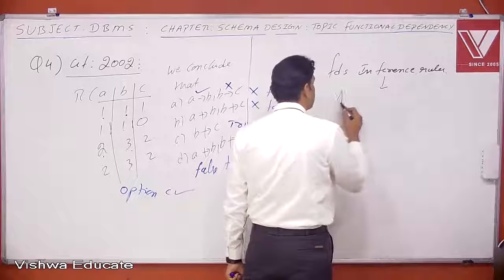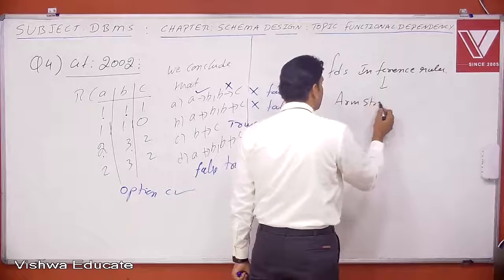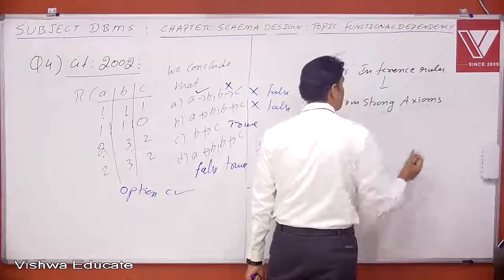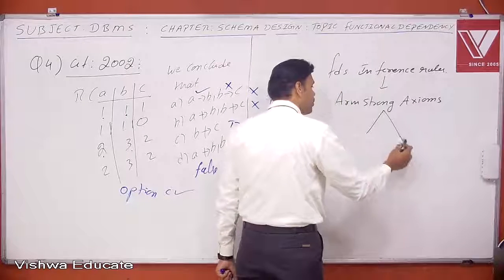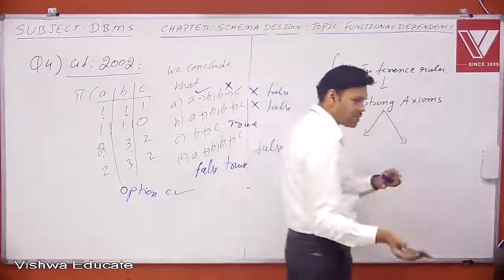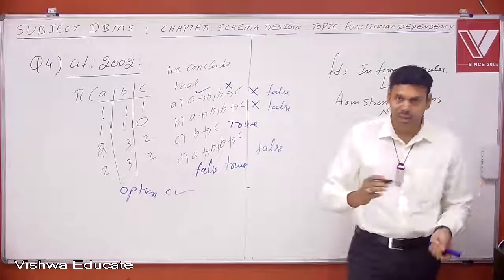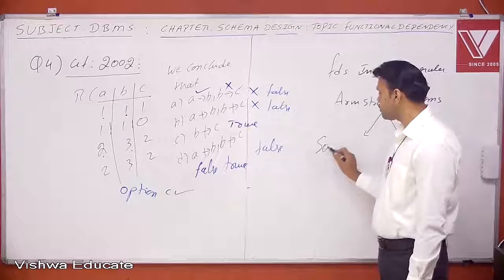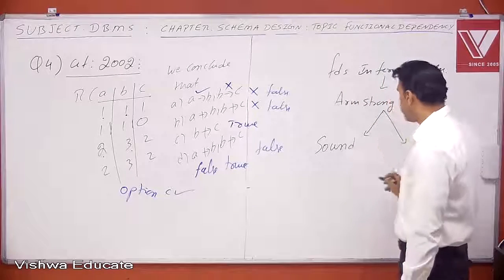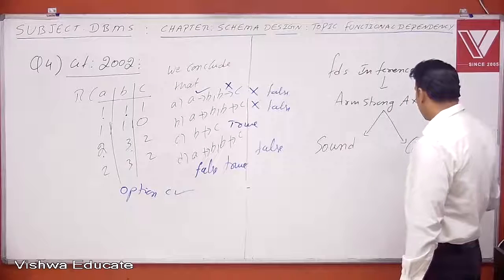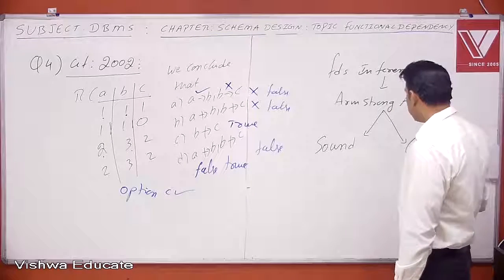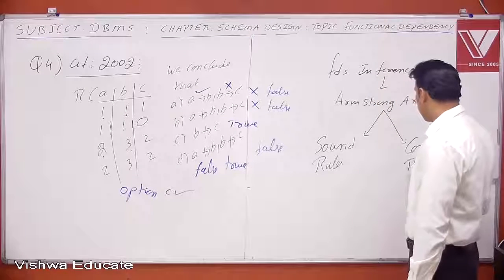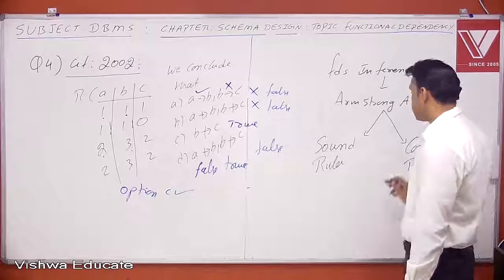These are also called Armstrong axioms. Whatever we proved, whether a functional dependency is satisfied or dissatisfied, it all depends upon Armstrong axioms. There are a few varieties, sound and complete. This is known as sound rules. This is known as complete rules.